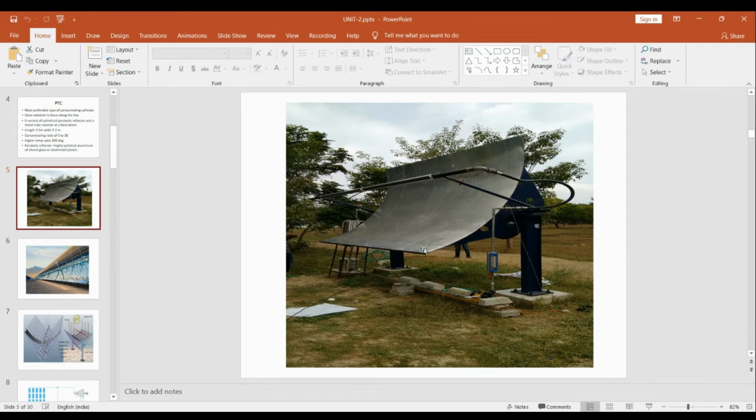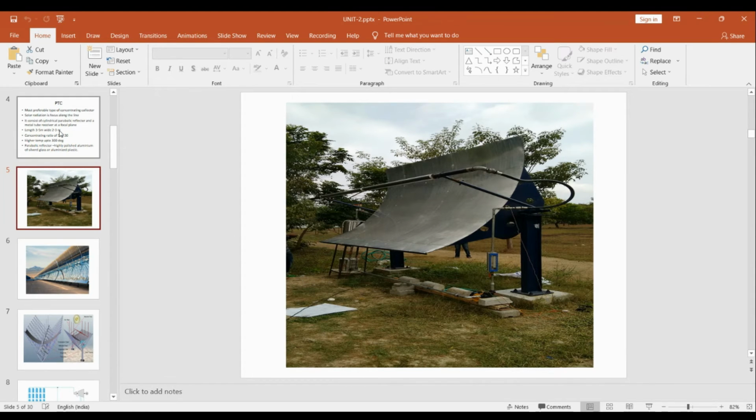So this is the parabolic reflector, and this is the metal tube receiver. When the sun rays fall on the reflector, it will reflect the radiation to the receiver. It will never escape from this receiver. So this is the mechanism which is used to build this parabolic trough collector.